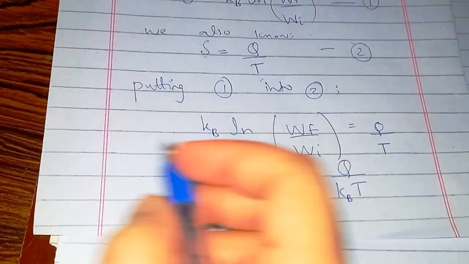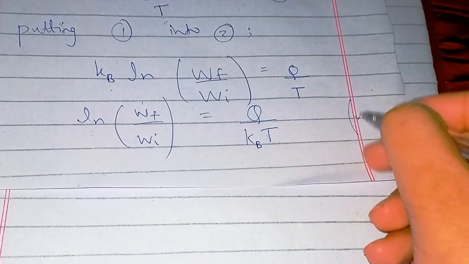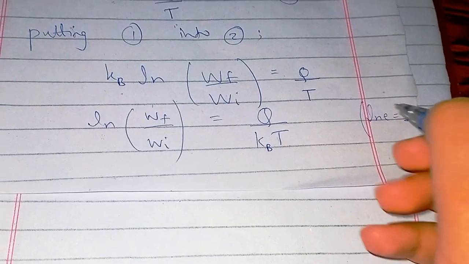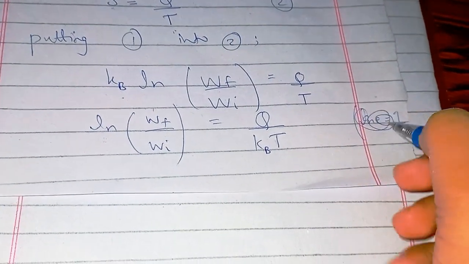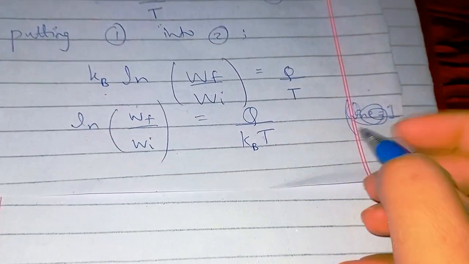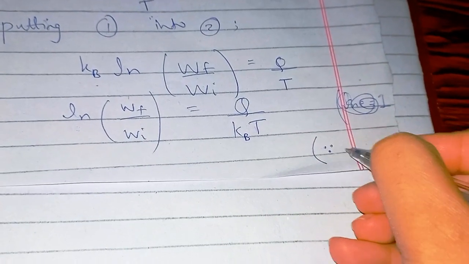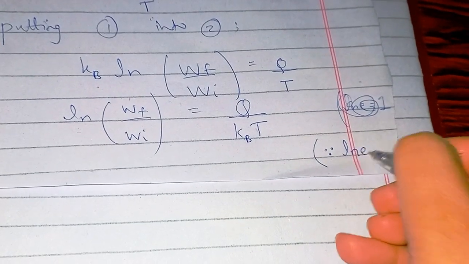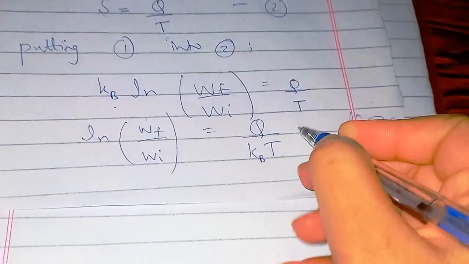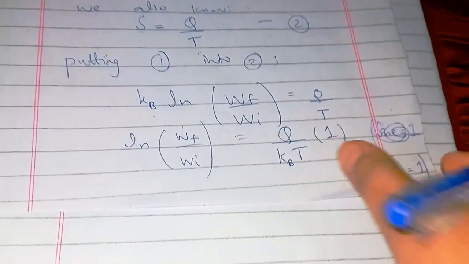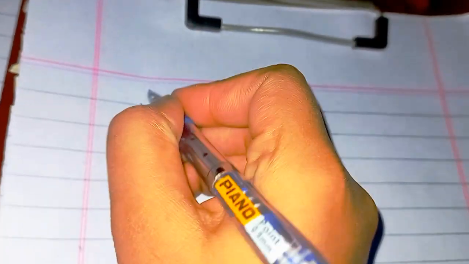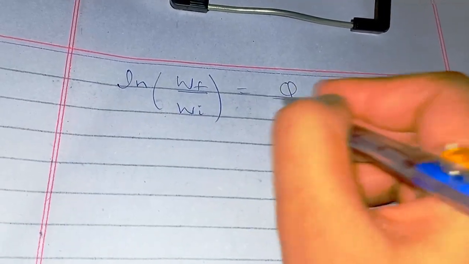In rough work, natural log of e equals 1. Since natural log of e equals 1, we can write 1 here being multiplied by Q by Kb T. In the next step, I'm going to write natural log of e instead of 1, because natural log of e equals 1.